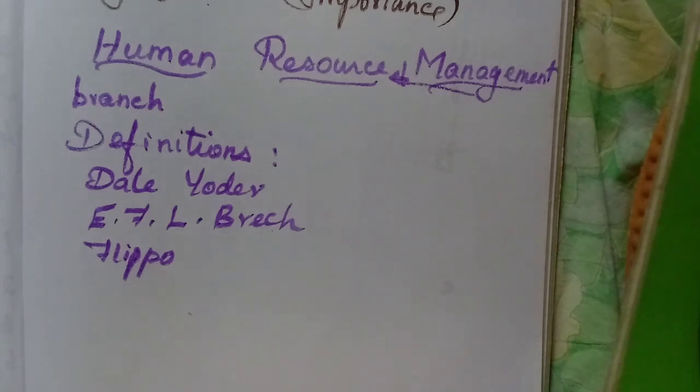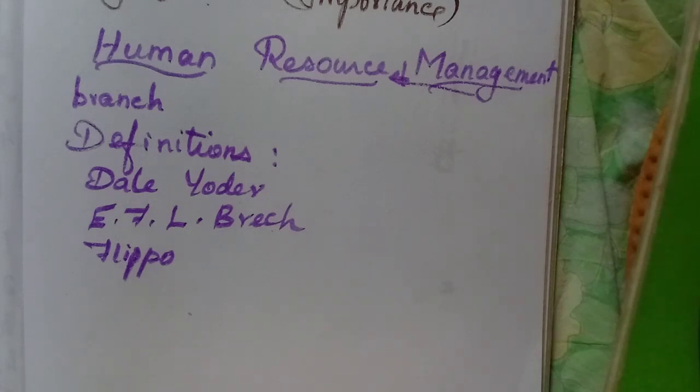The procurement. Procurement means first we appoint the people, isn't it? Before appointing, we should invite the application, then we should conduct interview, test, then we will select them. Okay, that is called procurement. Then once they are appointed, next word, development. We should give some training, the development.